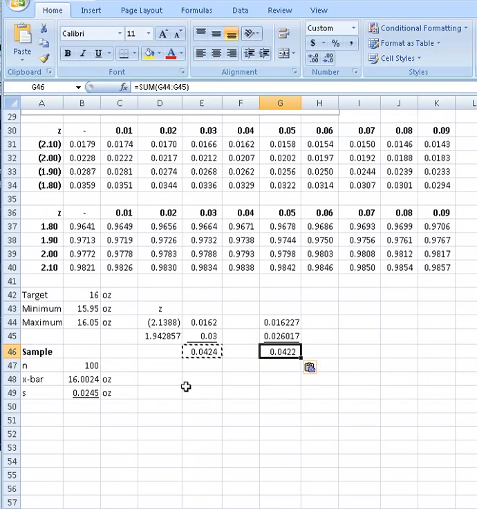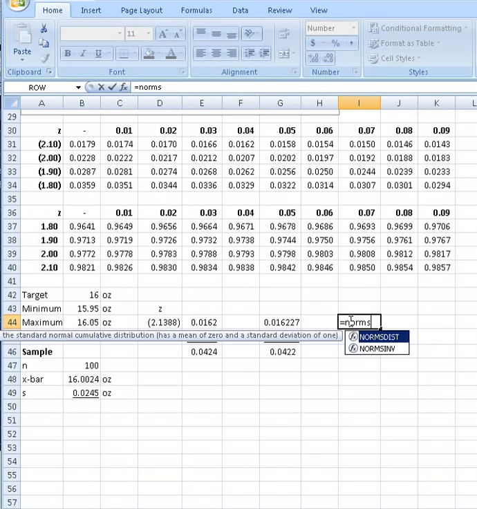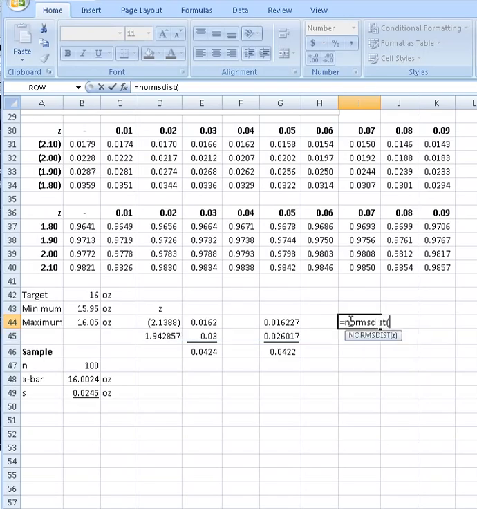Okay, just the last few seconds I have here, we could also use the other version of it, which is NORM.S.DIST. Now the S stands for standard, and instead of putting in the X value and the mean and the standard deviation, it asks for a Z value. And since we've already calculated a Z value, that's no problem. We already have it. There it is, 1.6227, just like before.